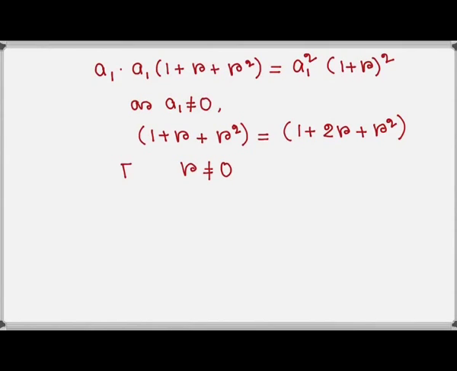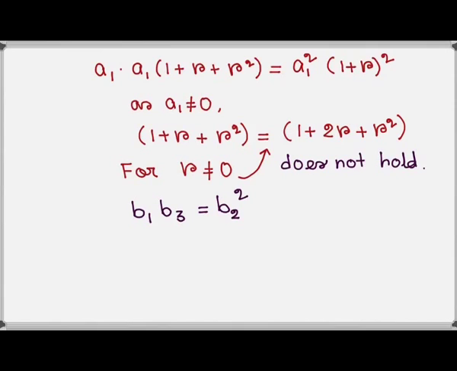We can easily note that for R not equal to 0, this equality does not hold. So, in this case, we do not get B1 into B3 is equal to B2 square. That is, we have B1 into B3 is not equal to B2 square.